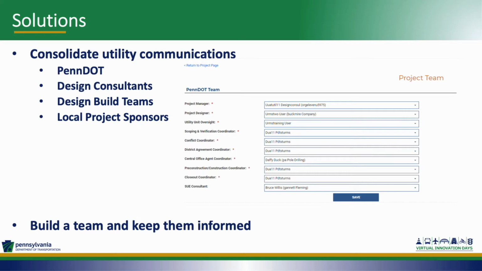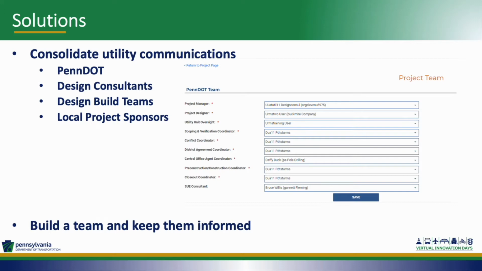So whether it was PennDOT employees contacting utilities, design consultants working for the department, design build contractors trying to design and construct projects in the field, or even local project sponsors, utilities were being hit with correspondence and information from so many different ways that they indicated that it was difficult to know what was the latest information on a given project. So we set out to consolidate all those communications under one umbrella, and that's our application.